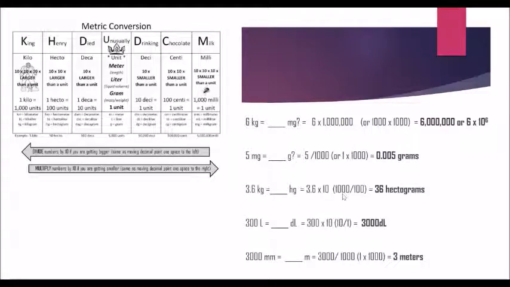So what I did here is I know that it takes 100 hectos to make 1 gram. It takes 1,000. So 1,000 divided by 100 is 10. That's where I got this index of 10 in my more mathematical approach. So the answer is 36 hectograms.